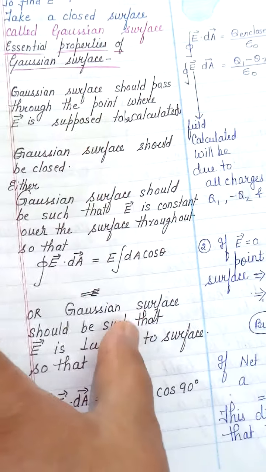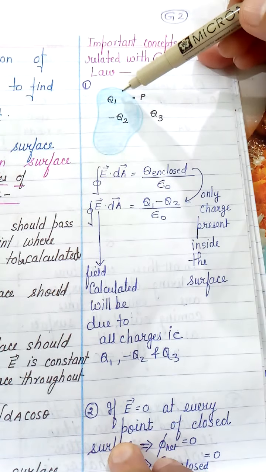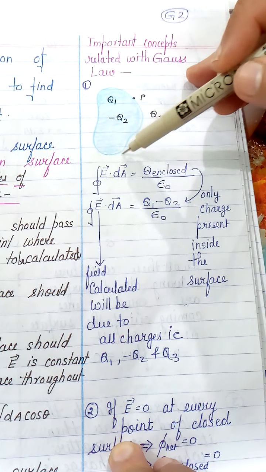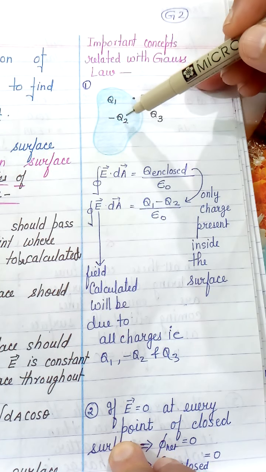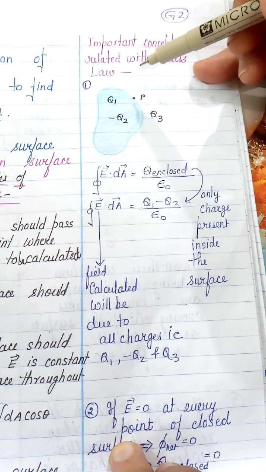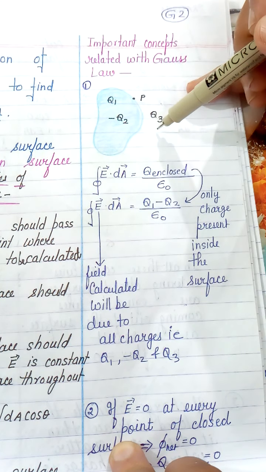The first concept is that in this case I am taking three charges to be present in the space, Q1, Q2 and Q3.